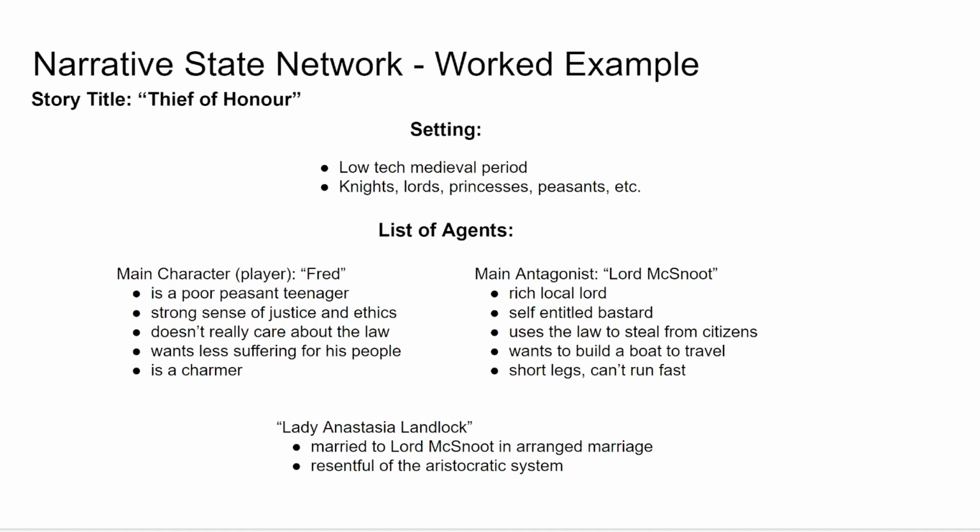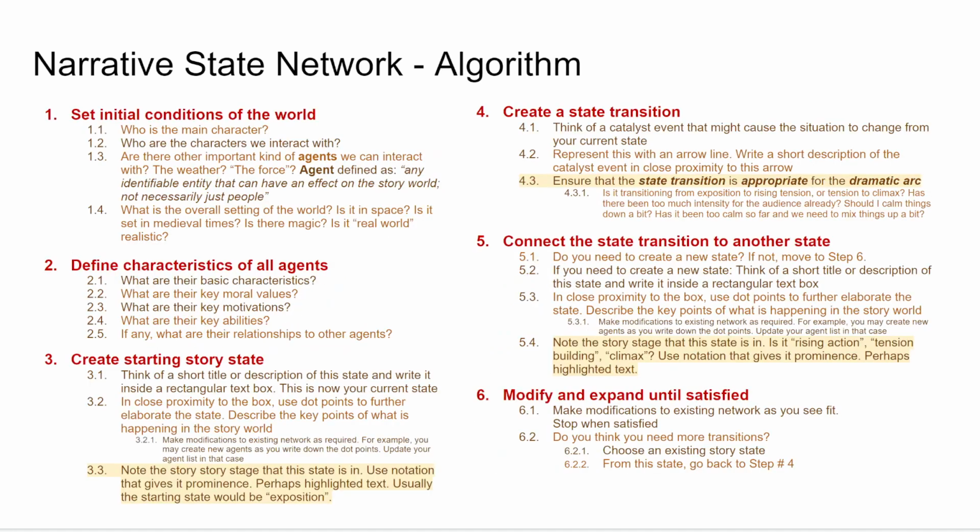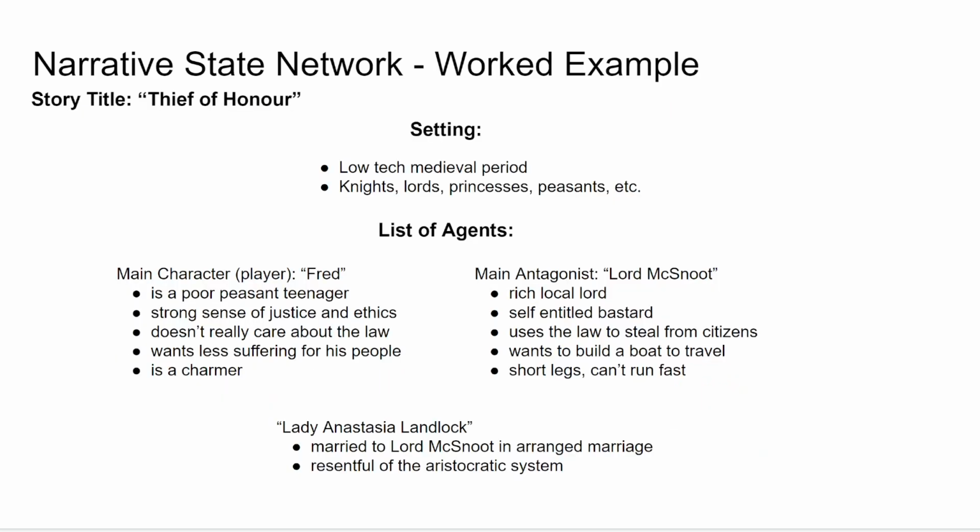So we really need to define what this main character is doing at the beginning. If we go back to the algorithm, it's what are the basic characteristics, what are their key moral values, what are their motivations, abilities, and relationships to other people. So let's just define that.